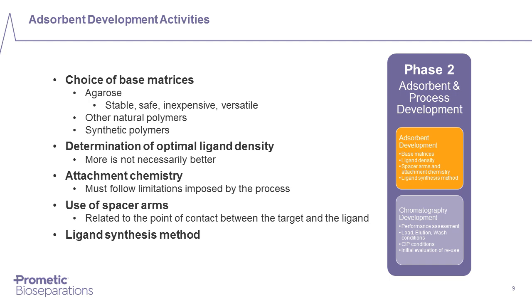More ligand is not always the best solution. You have to get a balance there, because more ligand is many times connected to higher non-specific binding. We work on attachment chemistries and the use of spacer arms, and also optimizing the actual synthesis method for the ligand itself and for the adsorbent.